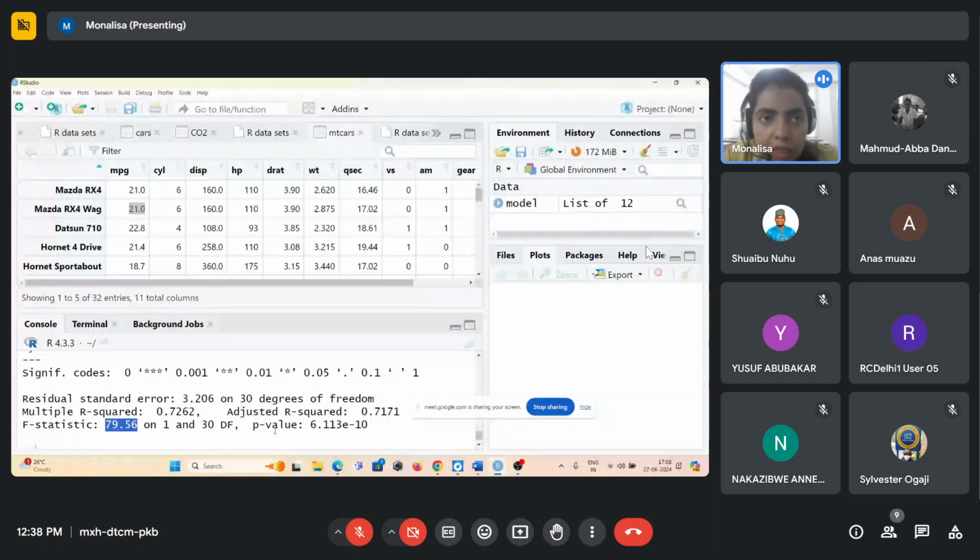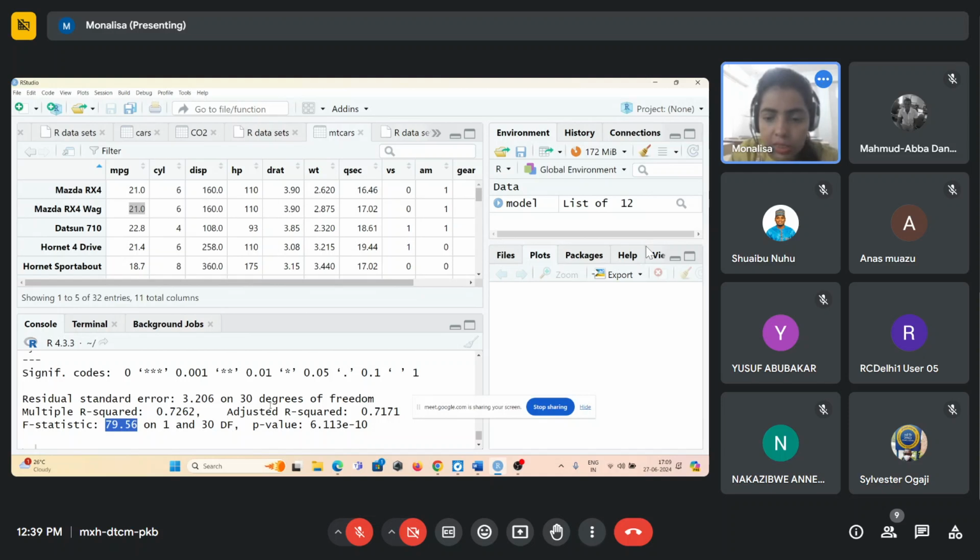The null hypothesis said there is no relationship, that if you change the value of CYL, you cannot predict any impact on MPG. But in our analysis we can reject the null hypothesis, so we can say that yes, there is a relationship between CYL and MPG.